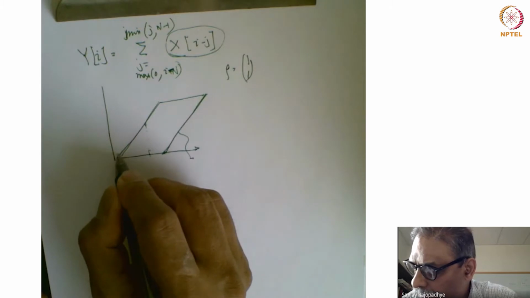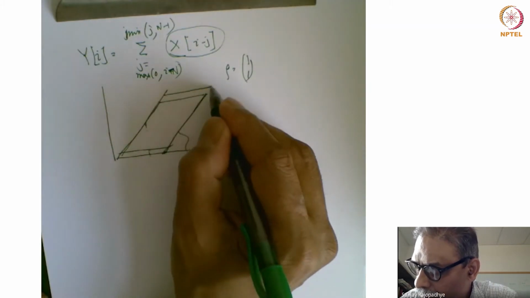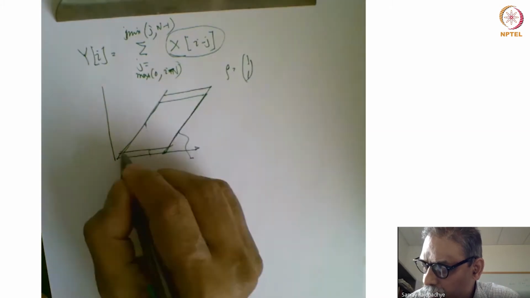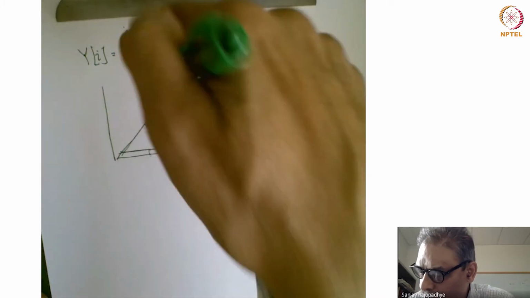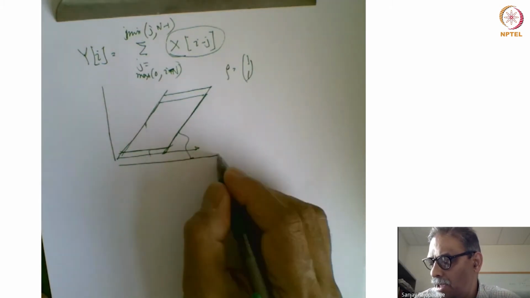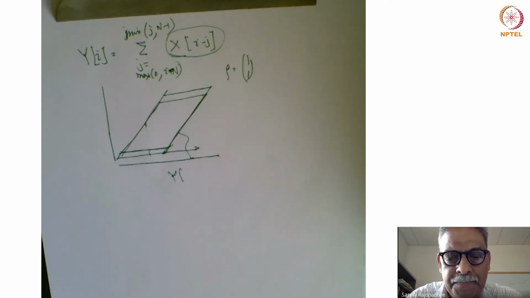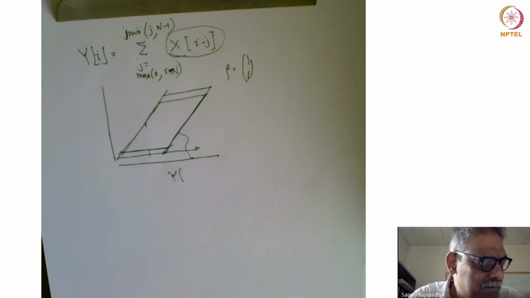I get this, right? And by the way, if I'm accumulating along columns, my answer is now from 0 to 2n. The size of y is increased. What happens?